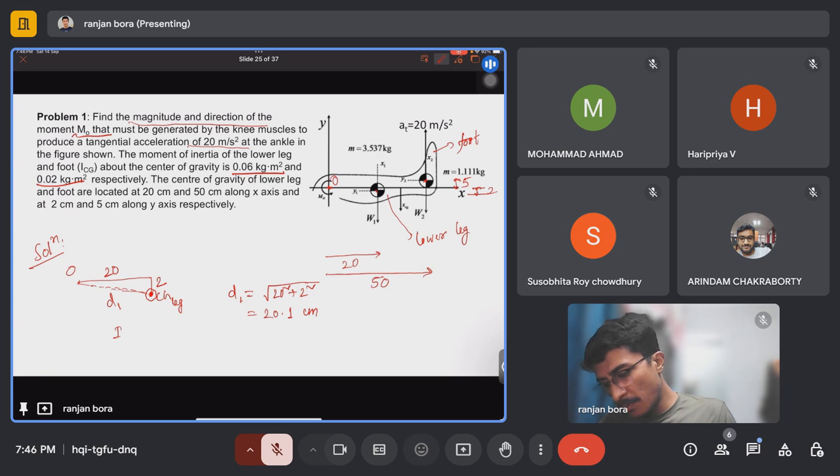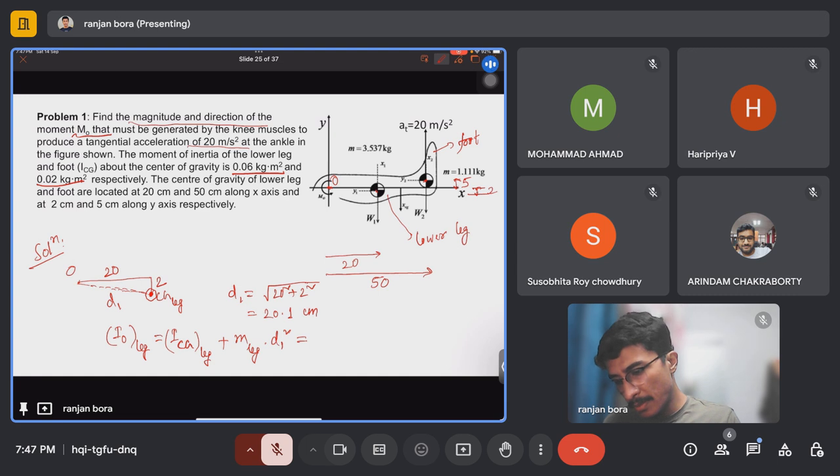So what will be the moment of inertia about point O for leg? It will be I CG leg plus mass of leg dot d1 square.